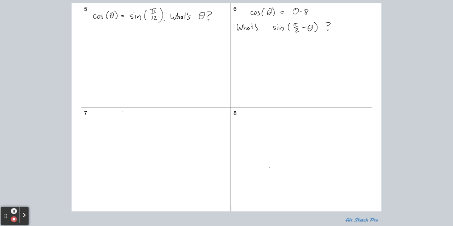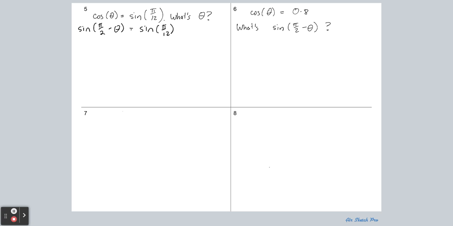We've got the result that cos theta equals sine of pi on 2 minus theta. So let's do that. This is actually a better way of thinking about it, because sometimes this might not be an acute angle, but this relationship still does work. So we've got cos theta equals sine of pi on 2 minus theta, and on the right-hand side, we just leave sine of pi on 12.